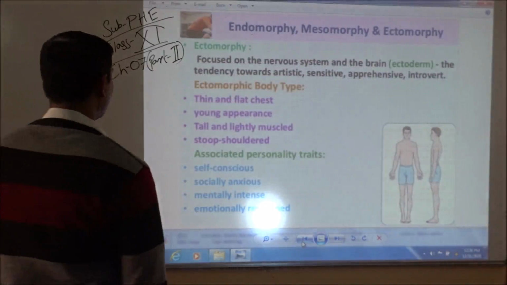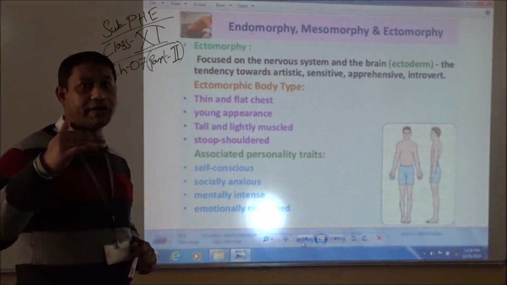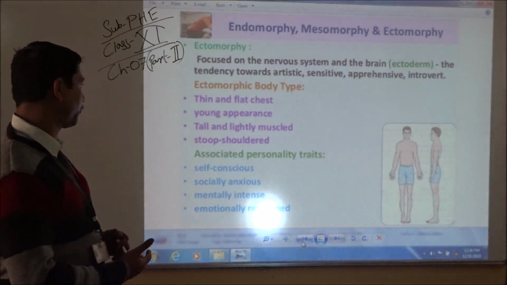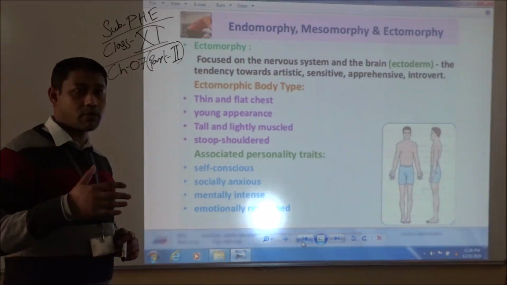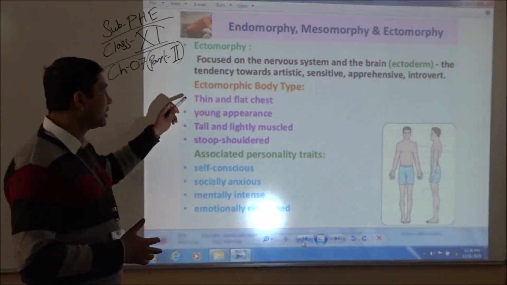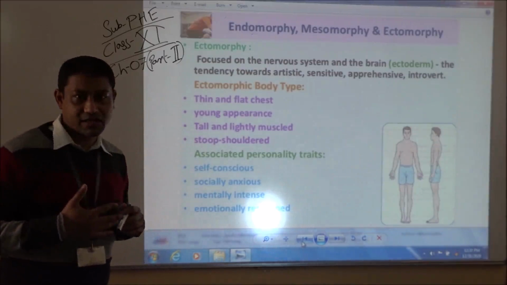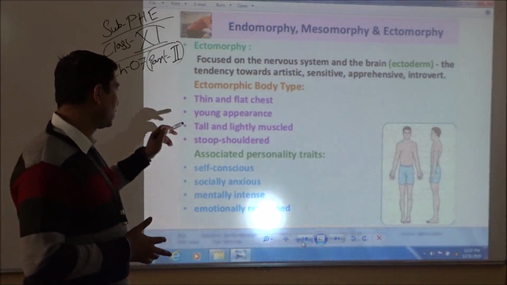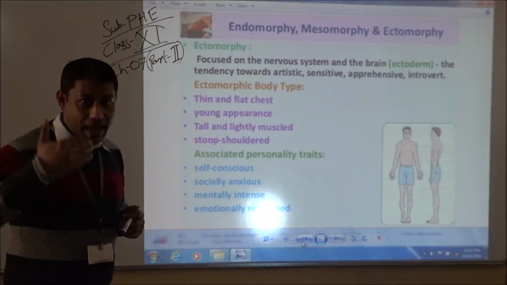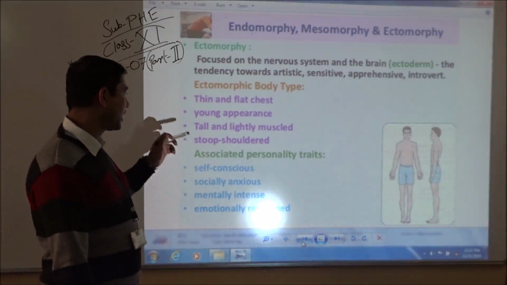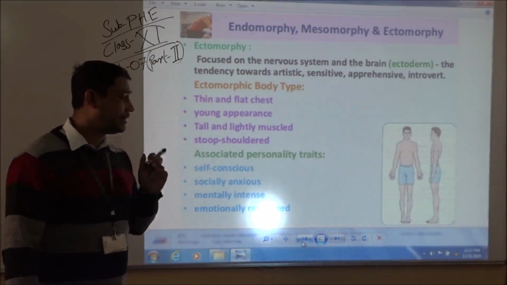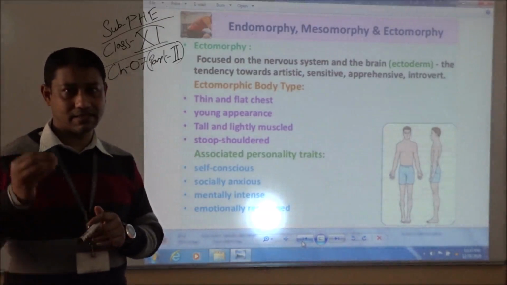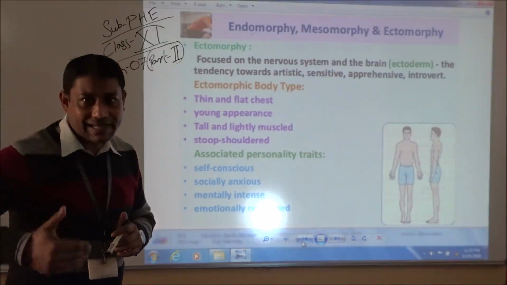Moving ahead to another body type, that is ectomorph. The ectomorph body type is thin with a flat chest. They are young in appearance. They are tall and lightly muscled, meaning they are very lean and thin.